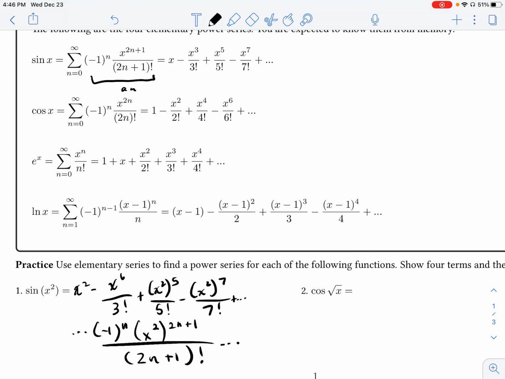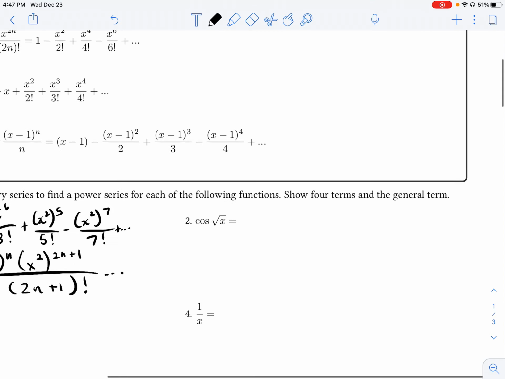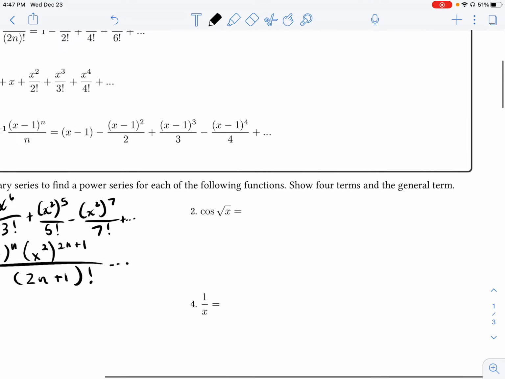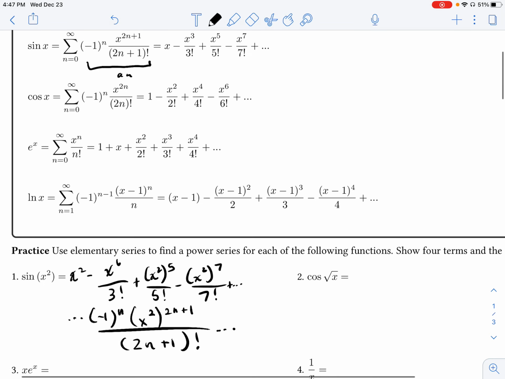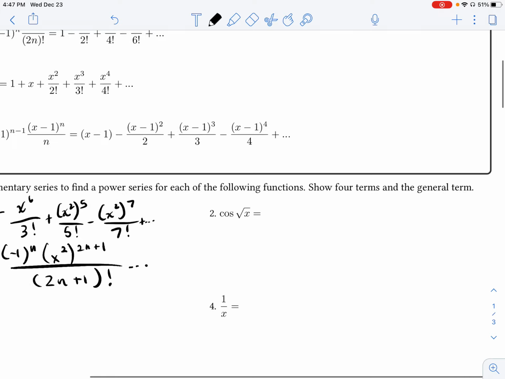All right, so let's try the rest of these. Cosine of root x is just going to be the cosine elementary series that we see here, but we're inputting root x for all of them. So let's write that out.